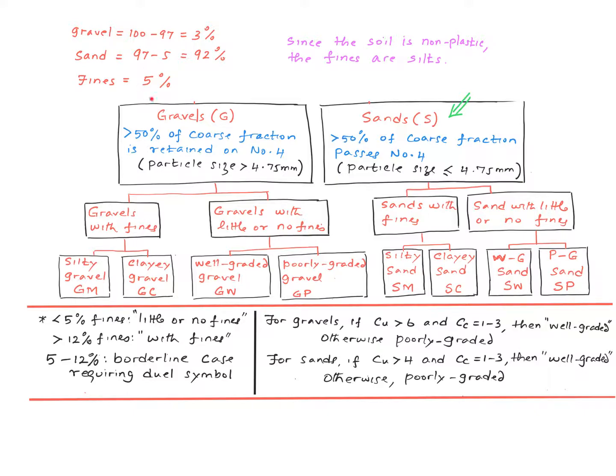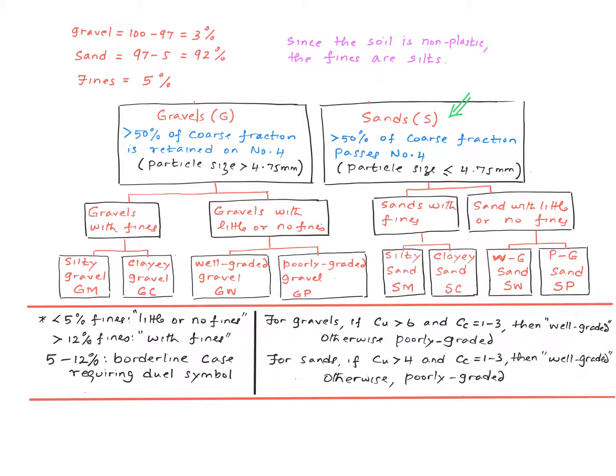We see that we have 5% fines in the soil, and therefore we have a borderline case. And therefore the soil could be either here or here. Supposing say it's over here, right? And then we go down to the next level, we know that the fines is silt, and therefore it is not this, it is this, right?